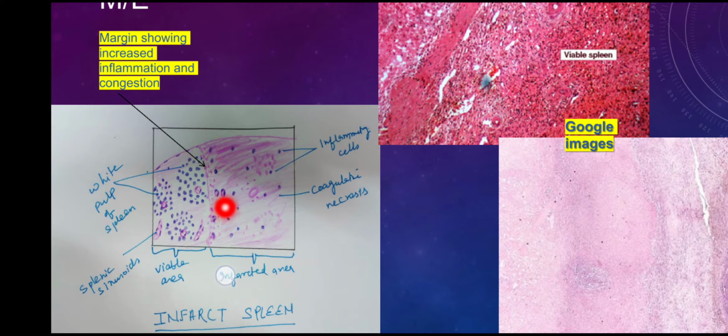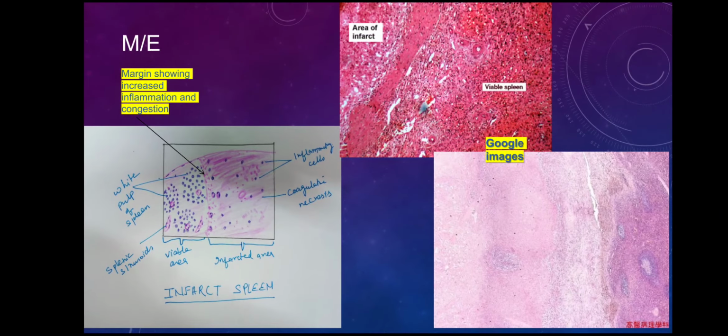You can make acute inflammatory cells or chronic inflammatory cells or both, and the margin will show more RBCs, more hemorrhage, more congestion, more inflammatory cells. You can also make scattered inflammatory cells, like I have made these lymphocytes here. Here I have tried to make the neutrophil. In this way you have to make a diagram of infarct spleen.